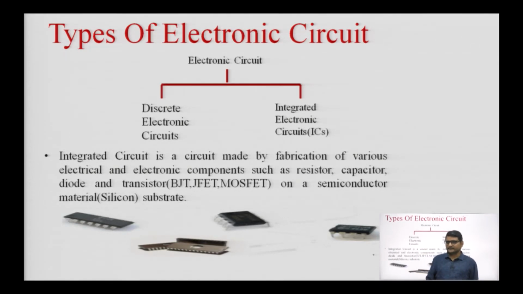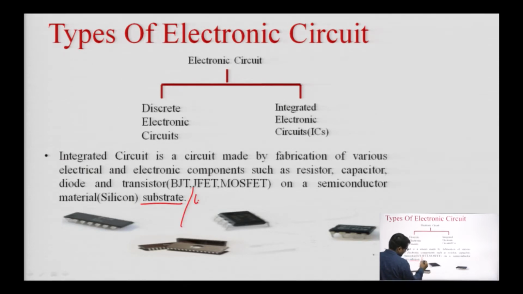Integrated circuit is made by the fabrication of various electrical and electronics components such as resistor, capacitor, diode and transistor, transistor may be BJT, may be JFET, may be MOSFET, on a semiconductor material, and this semiconductor material is called the substrate, also called a wafer.